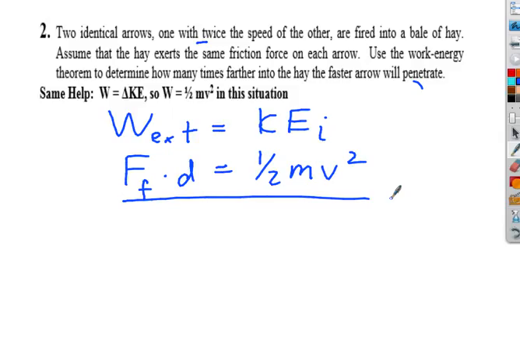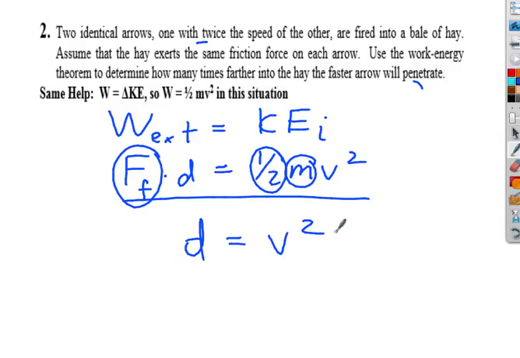Obviously, you can plug in numbers, but the whole idea is you need to make sure you're working quickly on the test. So we're going to eliminate anything that is the same for both arrows. That would be F of F, which acts the same on both arrows. It's the same mass, and I'm going to multiply both by 1/2, the same. That leaves me with a relationship between distance and velocity.